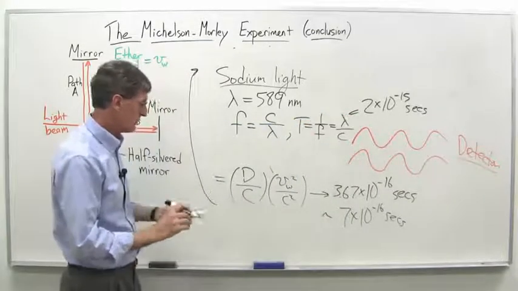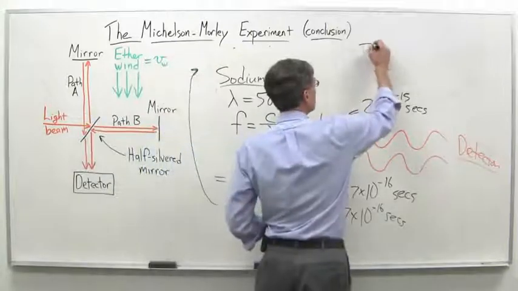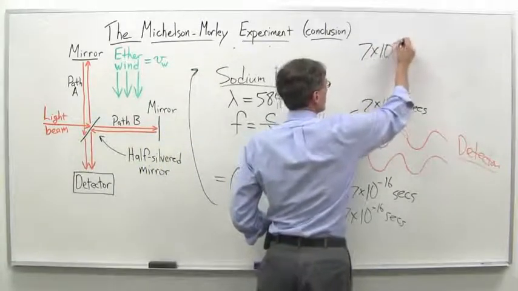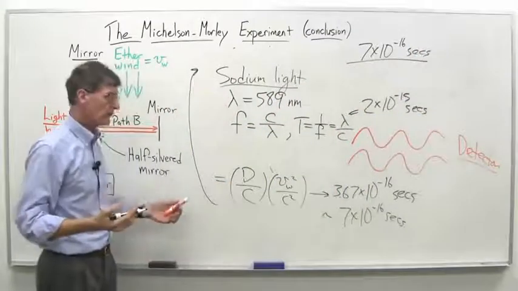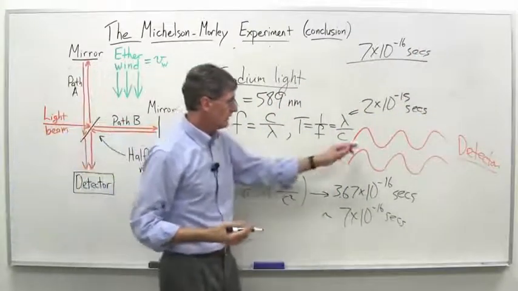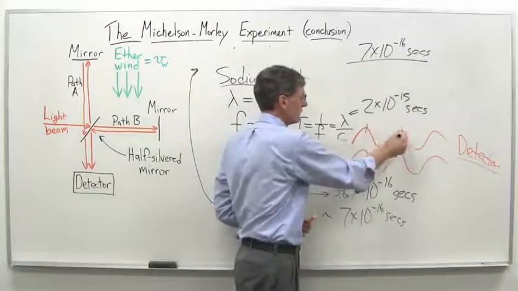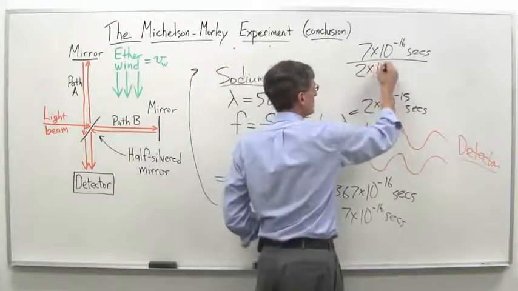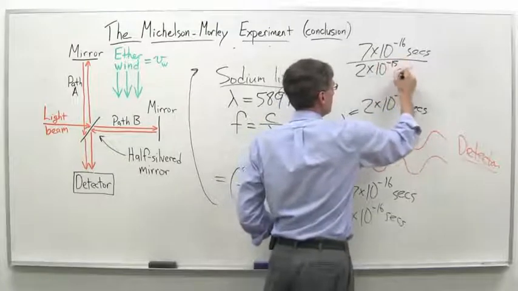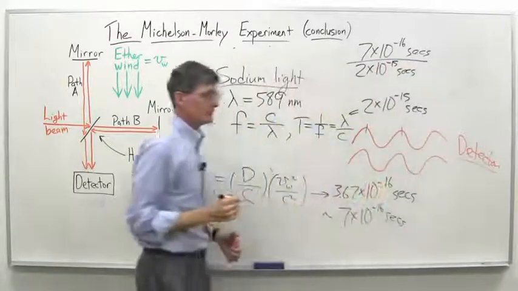In other words, I've got my time difference of 7 times 10 to the minus 16 seconds, very small, but in terms of one period, the time between two peaks, let's divide it by that, 2 times 10 to the minus 15 seconds.